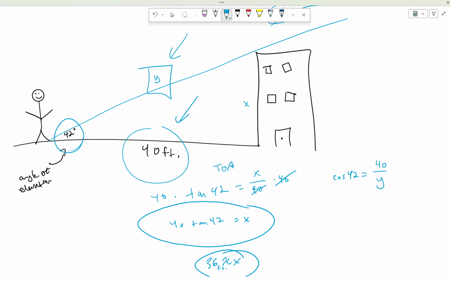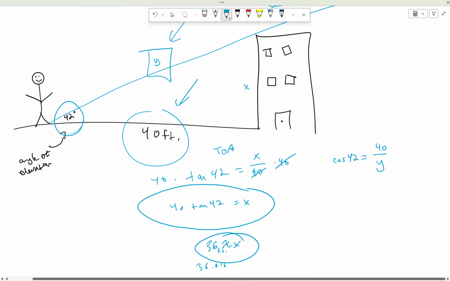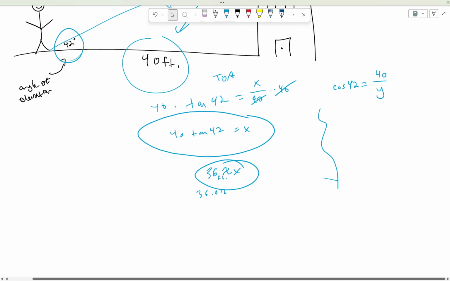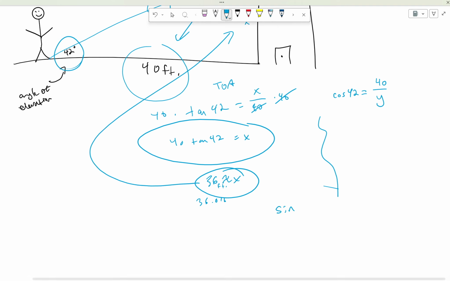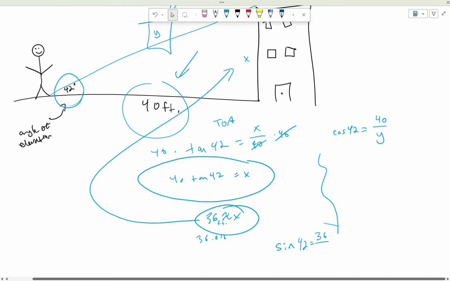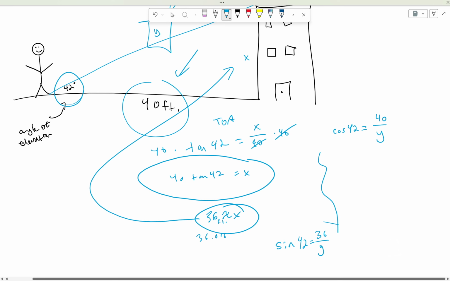Now, gentlemen, could I solve this really quick using sine instead? Could I say the sine of 42 is equal to 36 over y, because I know x is this?